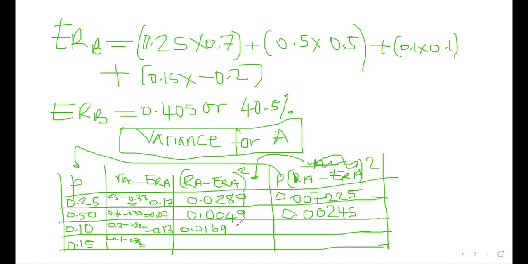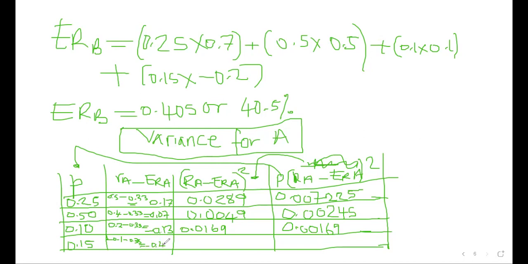Then multiply by 0.1, giving us 0.00169. The other one is negative 0.1 minus 0.33, negative 0.43.